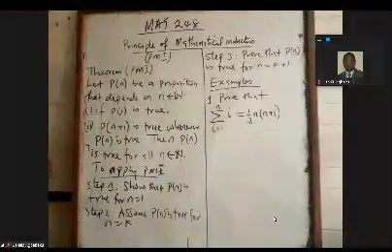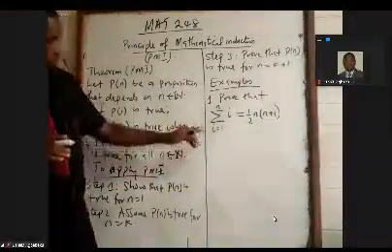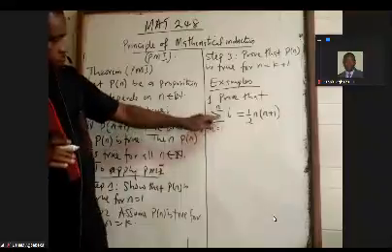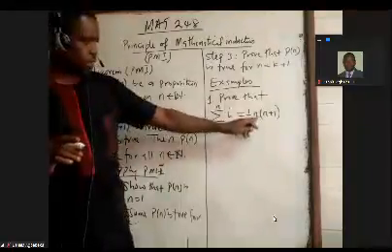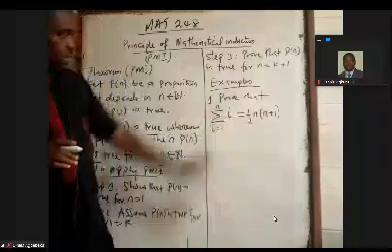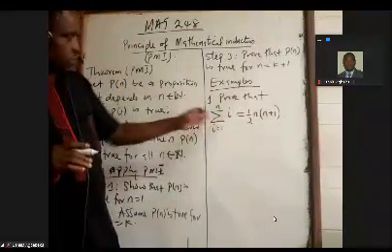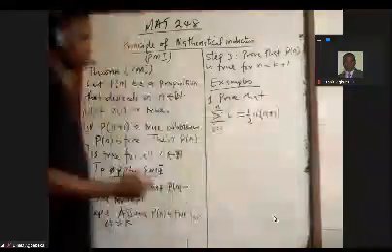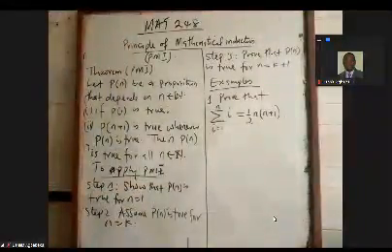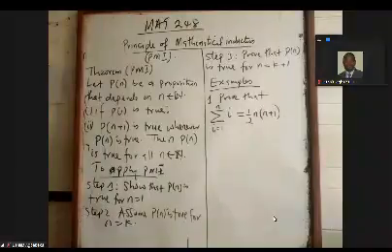This statement says that the sum of natural numbers up to n is equal to half n into n plus 1. The left-hand side is addition of natural numbers up to n, while the right-hand side is just a formula that will give you the sum directly.